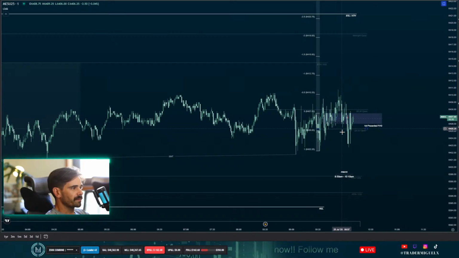So 930 is holding here. Price is delivering inside the first presented fair value gap. I'm just waiting for it to trade above here, 830. It will give us some kind of a breaker.